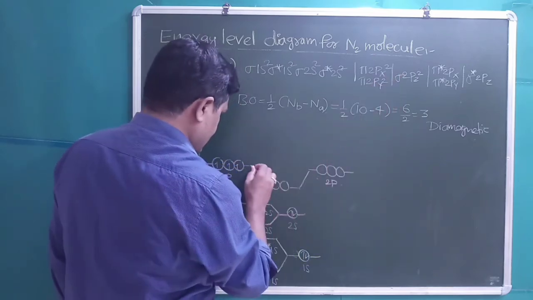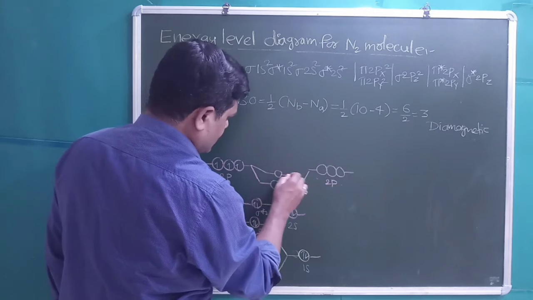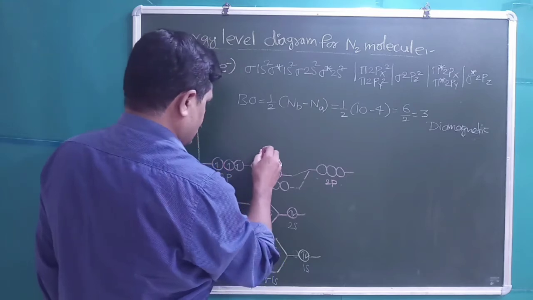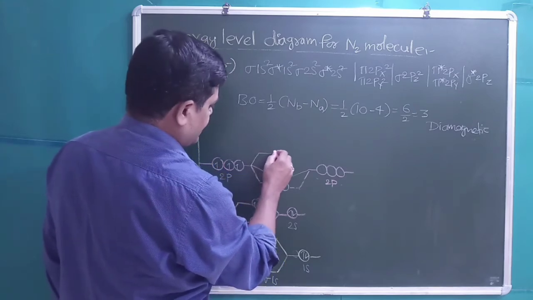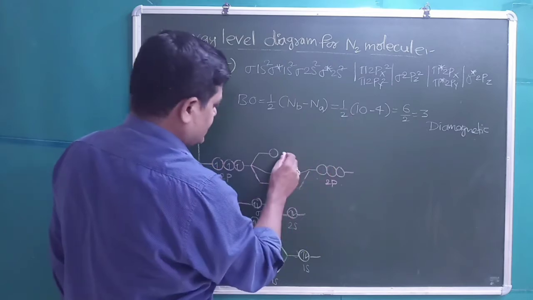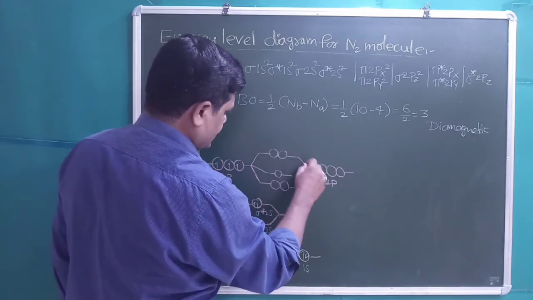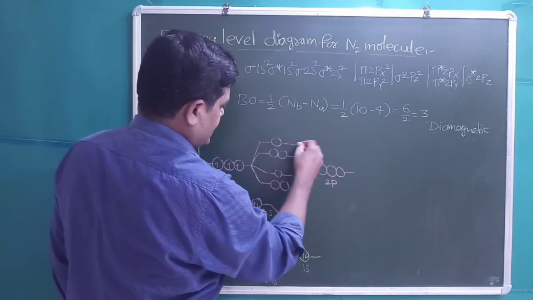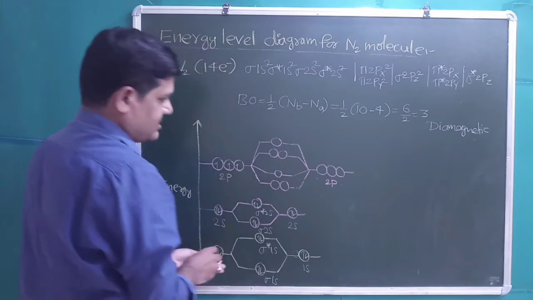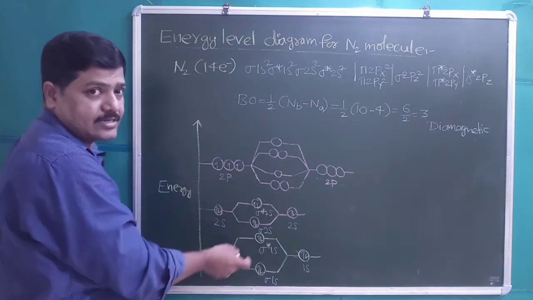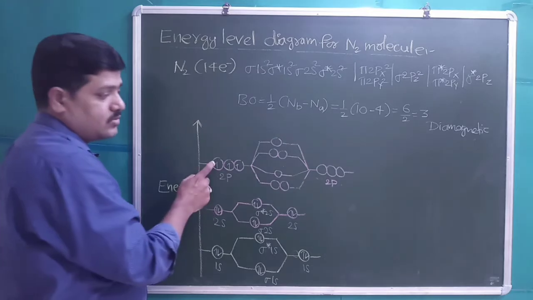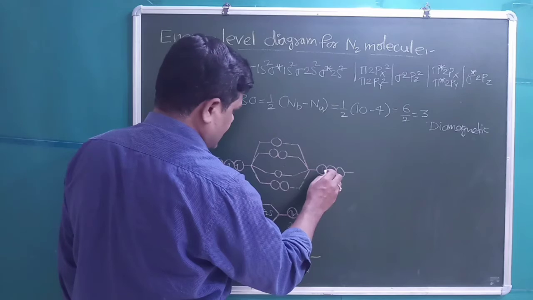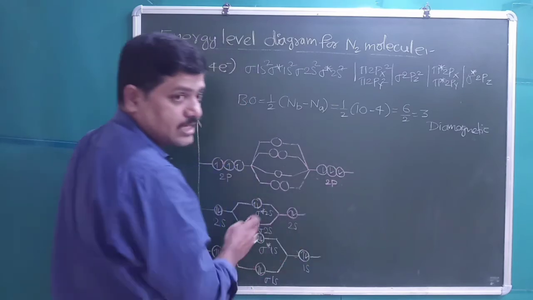Next level, sigma 2pz2. Among the anti-bonding molecular orbitals are pi star 2px and pi star 2py, and at the next level, sigma star 2pz. The electronic configuration of each nitrogen is 1s2, 2s2, 2p3.